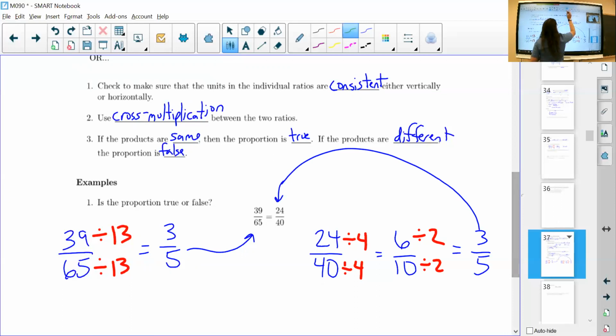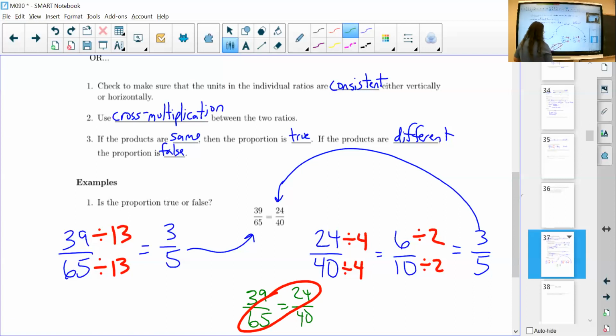Method two says just cross multiply. I'll rewrite this down here. 39 over 65 equals 24 over 40. Cross multiply. I have 65 times 24. And 65 times 24 is 130 times 12 is 1560.